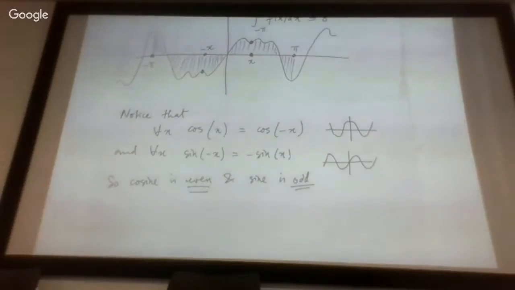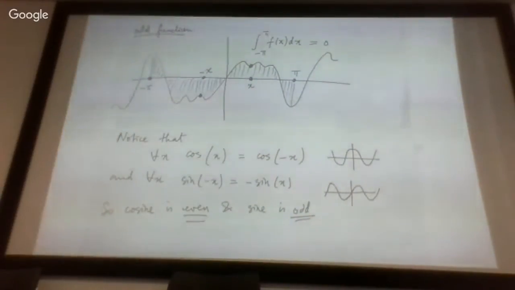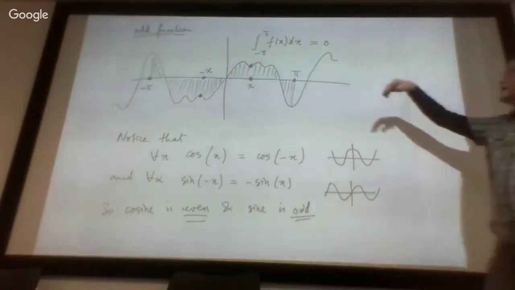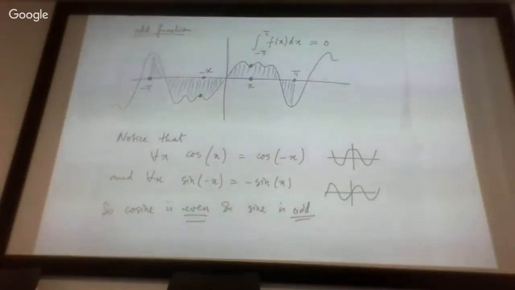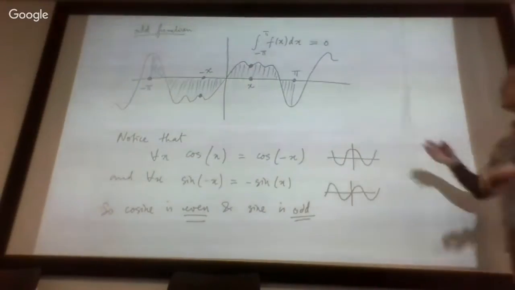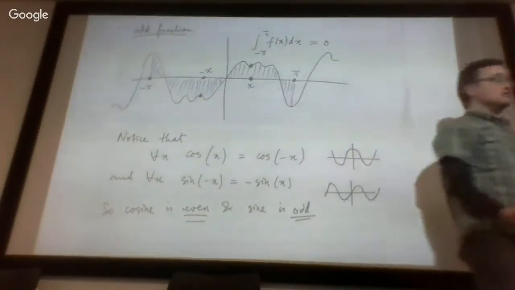So maybe we have a few things to do. We want to understand what happens to odd and even functions when you multiply them together. Take two even functions, multiply them together, take two odd functions, or take an even function and an odd function, multiply together. Because we want to understand how the products between f and one of the cosines and the sines are going to behave. We also want to formally prove these integral results about the integral of an even function and the integral of an odd function.